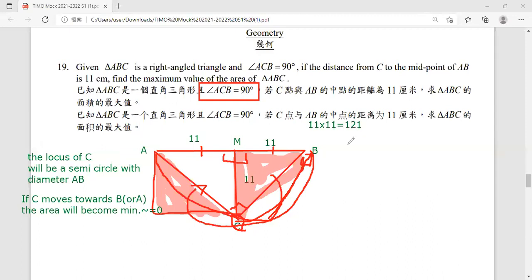The maximum area is attained when C is at the middle of the semicircle, which will become a right angle isosceles triangle. But you can do some cutting and pasting, and you will find actually it's a square of side length 11. So the area will be 121.